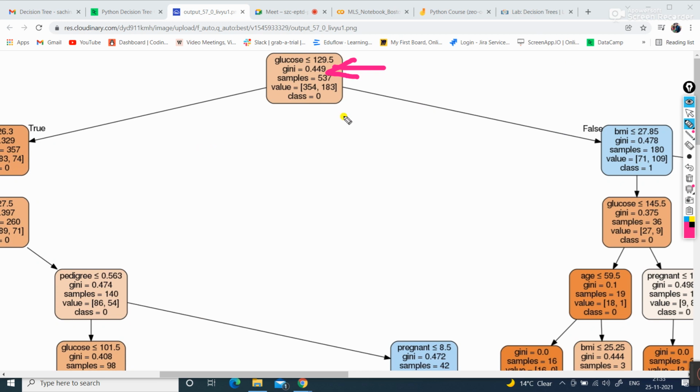How many samples are there in our training dataset, because this decision tree is created using the training dataset only? We have 537.